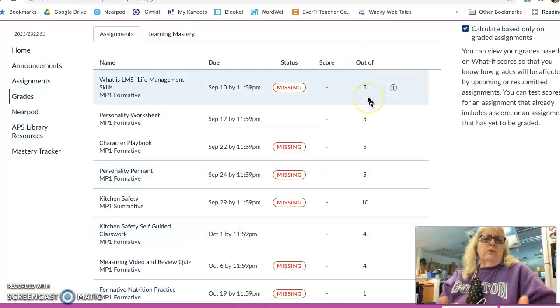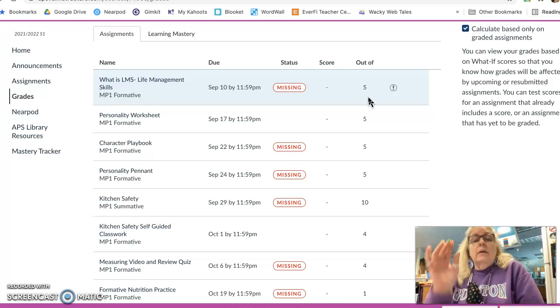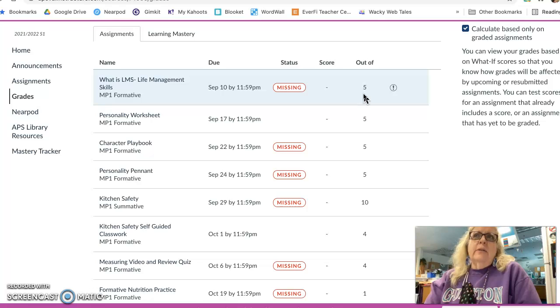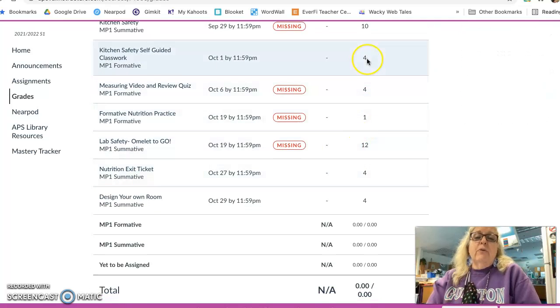You do know that we're changing our grading from standard letter grading to standards-based grading. If your child has only one standard or outcome associated with the practice that's on here, it would be 4 points.